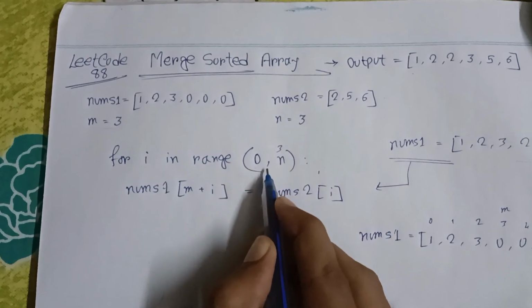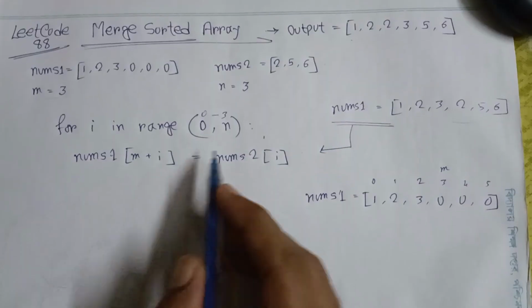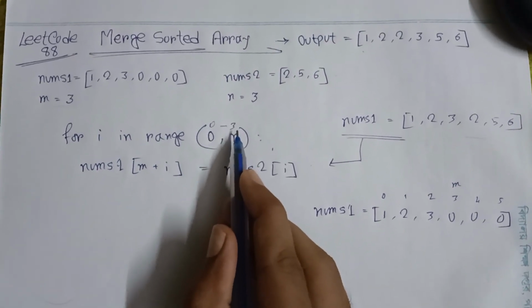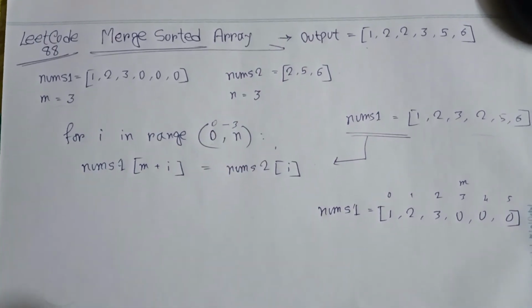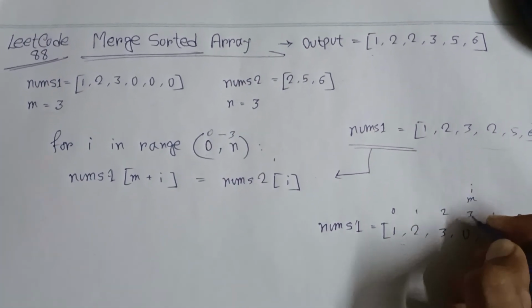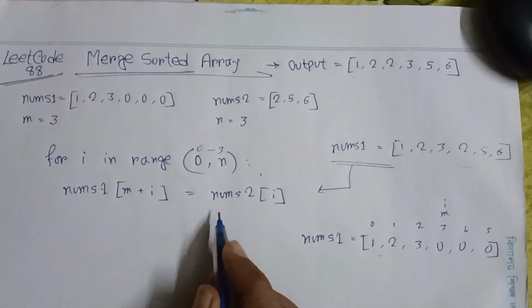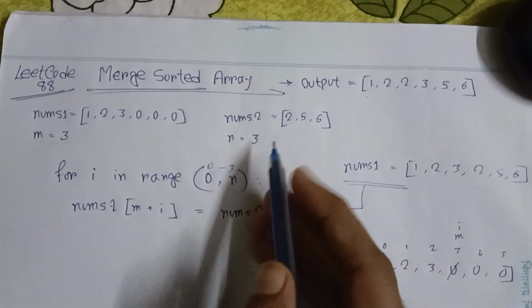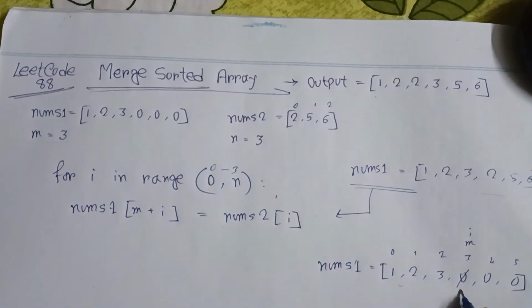So the for range loop starts from 0 and goes to 3, but 3 is not included in the for range loop. So the for range loop runs 0 1 2. So this is also i, because it runs from 0. So we store the nums1 element. So nums1 element is 2.